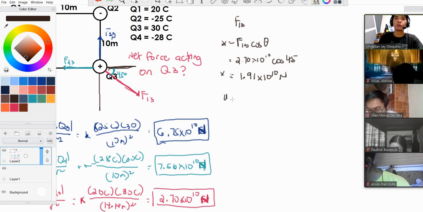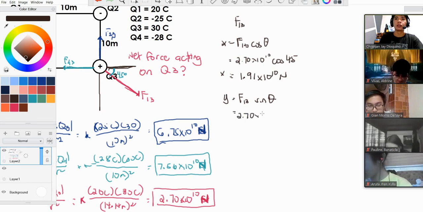Now for the y component, we have F13 sine, so 2.70 times 10 raised to 10 sine 45.